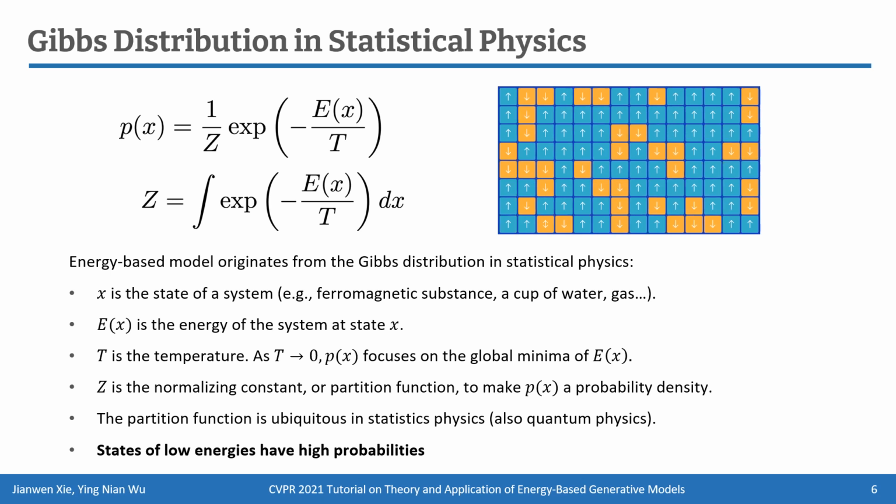As T goes to 0, P of X focuses on the global minima of the energy function of X. Z is the normalizing constant or partition function to make P of X a probability density. The partition function is ubiquitous in statistical physics or quantum physics. States of low energies have high probabilities.